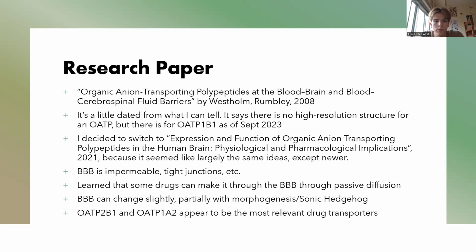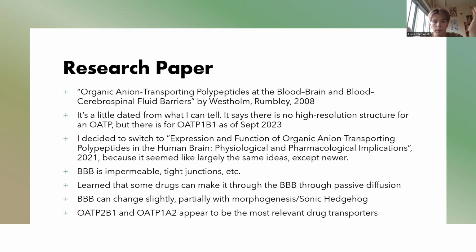So more stuff: blood-brain barrier, impermeable, tight junctions. I learned about sonic hedgehog protein, a little odd. And then some passive diffusion, but it seems like in general the blood-brain barrier is a fairly stiff barrier.